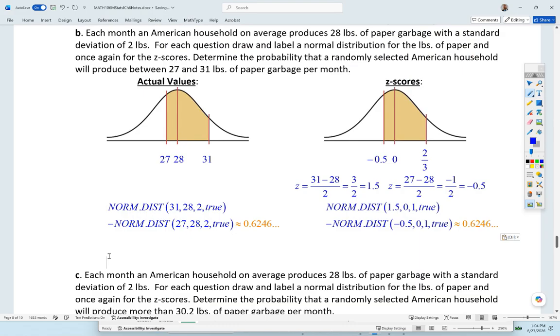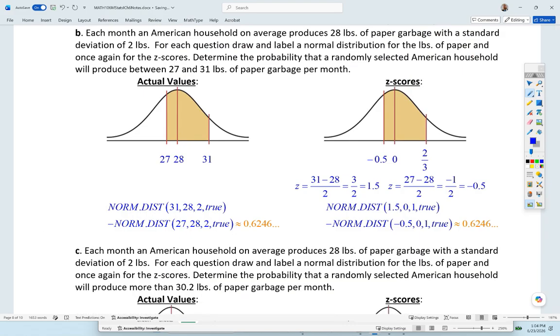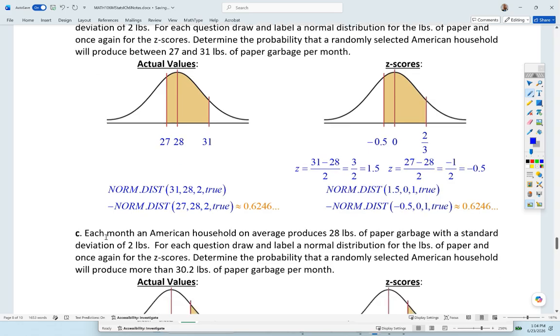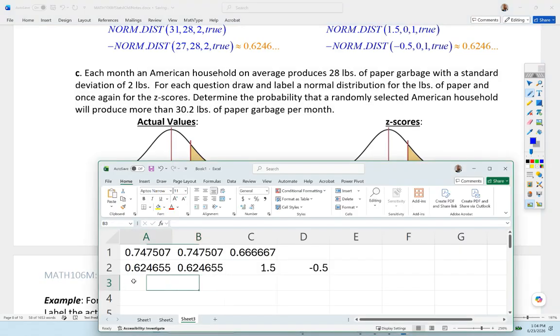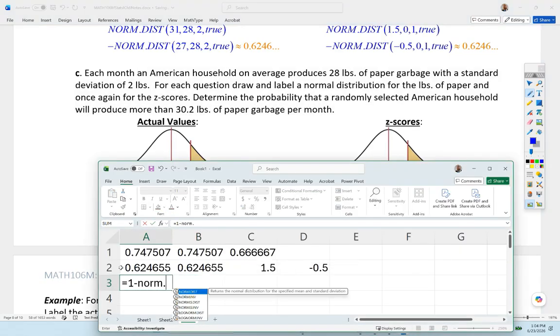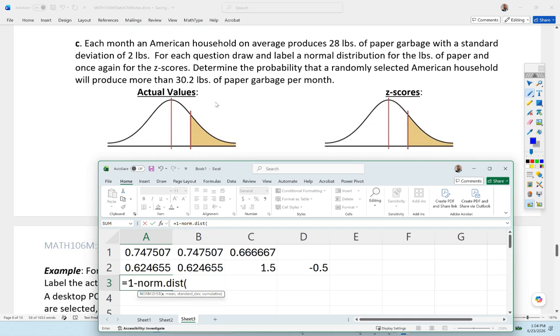Okay. All right. So the last one is a left to right scenario, which means I have to do 1 minus to get the actual value. So it's going to be the garbage one again, essentially. If we do that one, we're going to do 1 minus NORM.DIST. We want the average to be 28, and we want to know more than 30.2 pounds of trash.